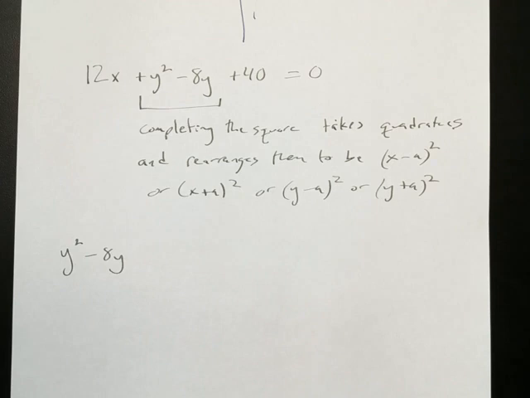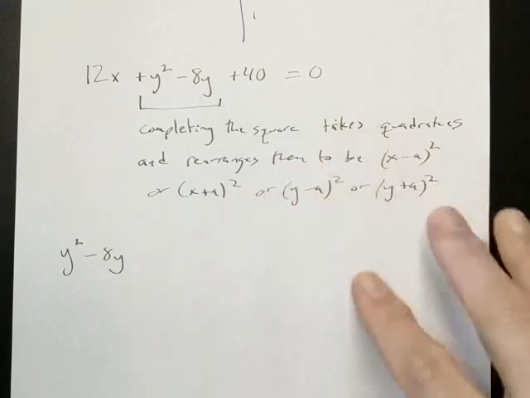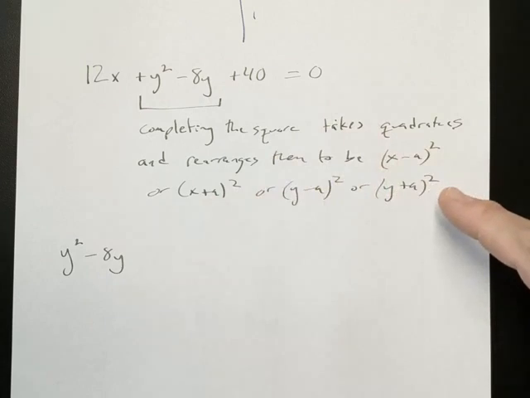Now, in order for that to be a quadratic that looks like one of these, I need to know what these look like when they're multiplied out. So pick one of these and let's multiply it out. I'm going to take this one.